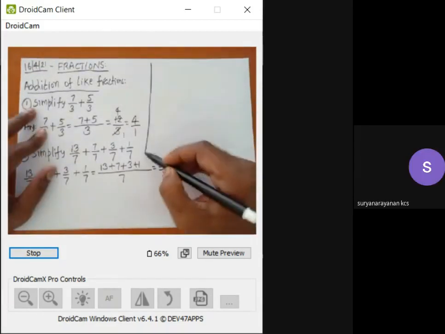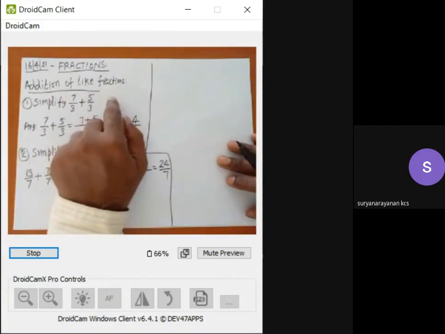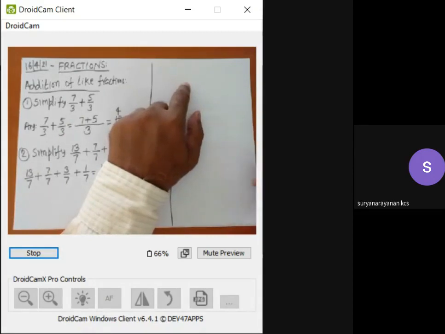Now come to the subtraction. Just now we discussed addition of like fractions. Now we will discuss subtraction. Subtracting a like fraction from another like fraction.